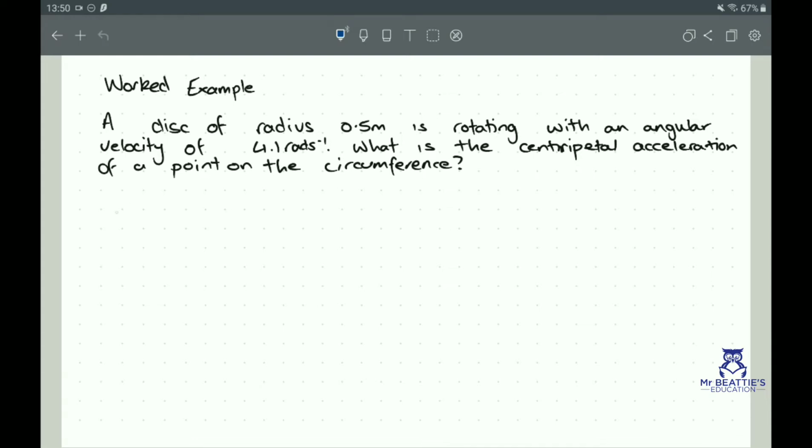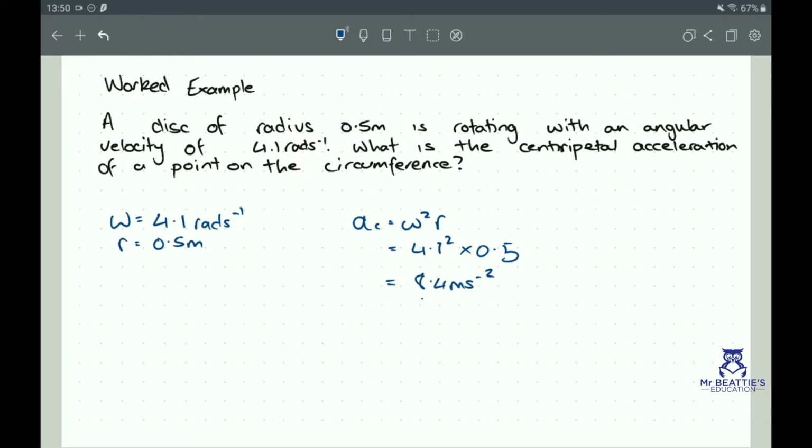Since omega is equal to 4.1 radians per second and the radius is 0.5 meters, we can use a_c is equal to omega squared r. So it's going to be 4.1 squared times 0.5, which is going to equal 8.4 meters per second squared. Nice and easy so far.